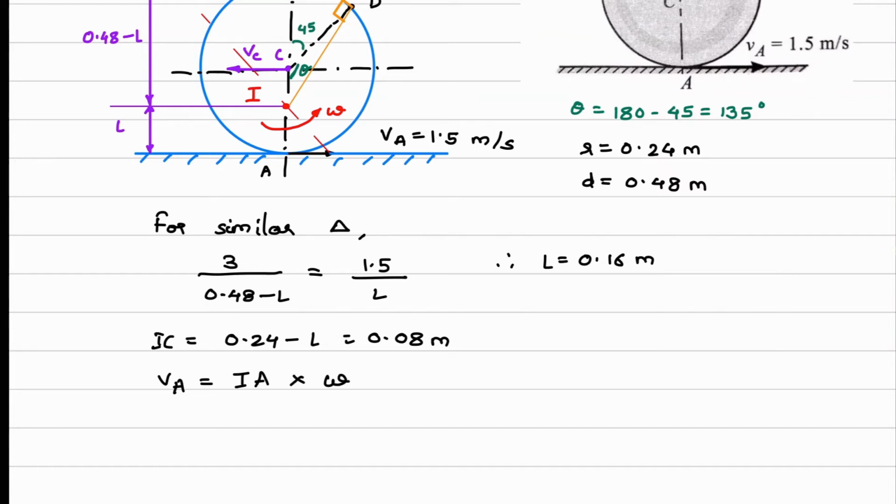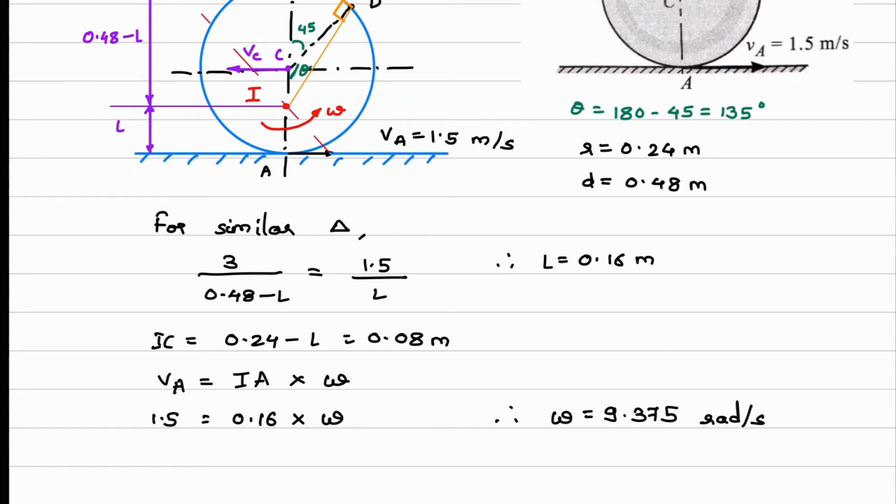What is Ia? Ia is equal to L, and the L value we have already calculated. So Va, which is 1.5, is equal to Ia, which is L, 0.16, into omega. So from here I can calculate the value of omega. Omega is equal to 9.375 radian per second.